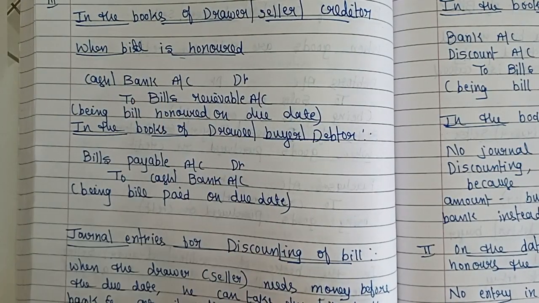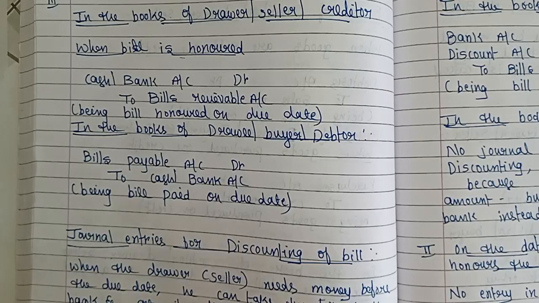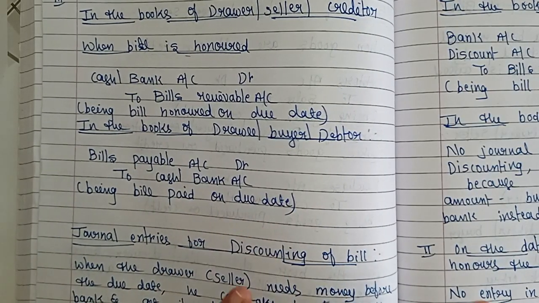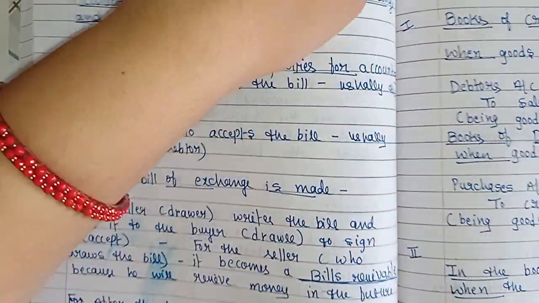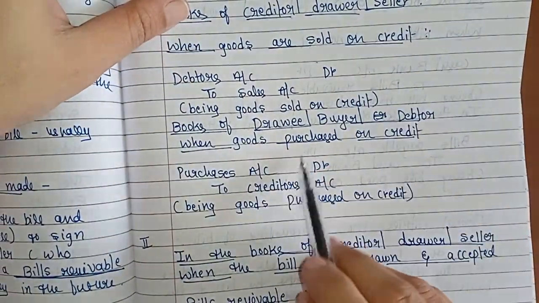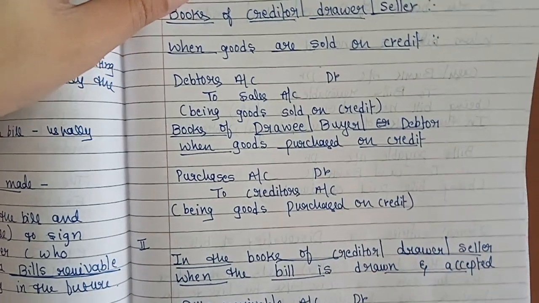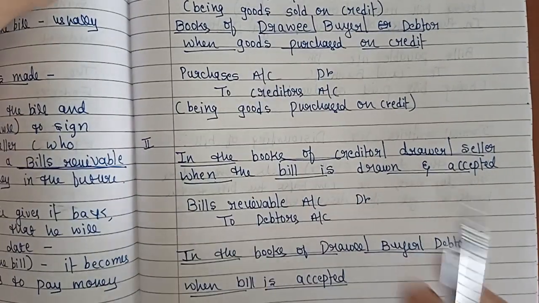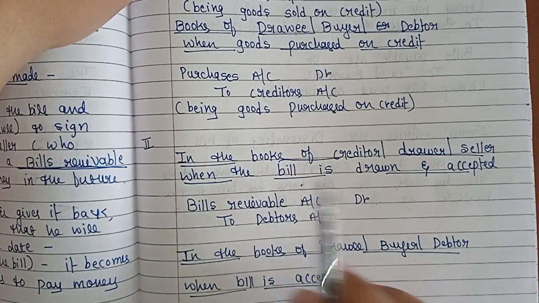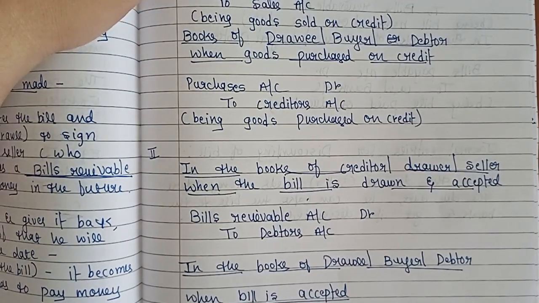The bill is honored means the drawee pays the full amount written on the bill on or before the due date to the drawer. So in the first situation, the drawer sold the goods and the drawee purchases the goods on credit. After that, the drawer draws the bill and it is accepted by the drawee.